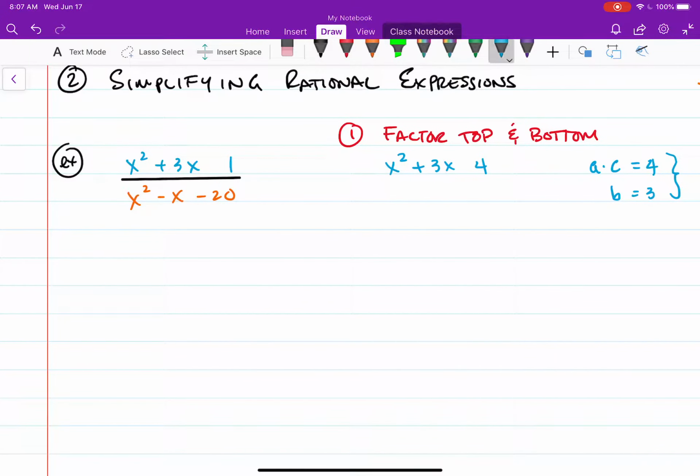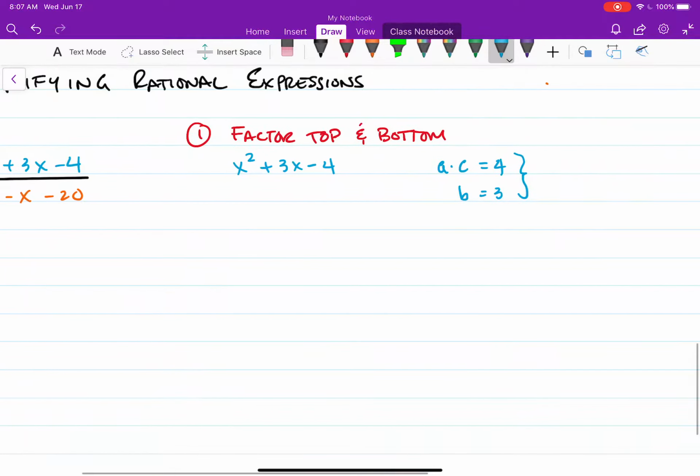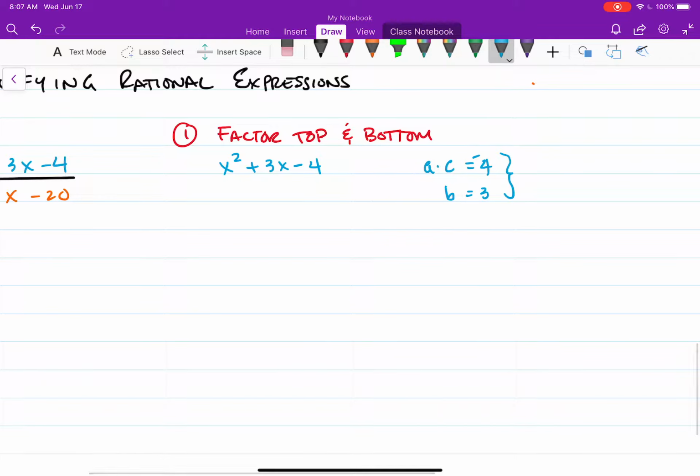I was getting confused myself, but wait a minute, this is not going to work. So this is minus 4, minus 4. So negative 4 here. So the two numbers I need is 4 and negative 1. Okay, so 4 times negative 1 gives me negative 4. 4 plus a negative 1 will give me a positive 3.